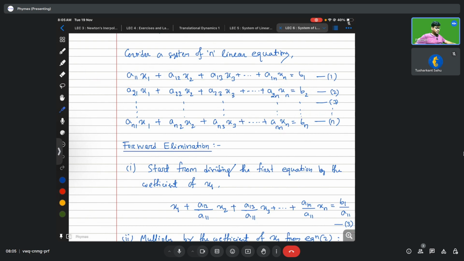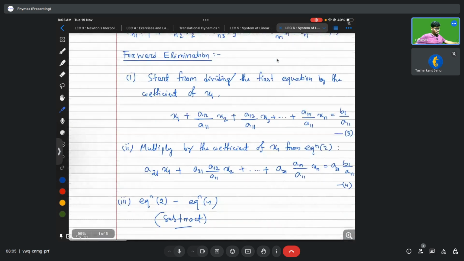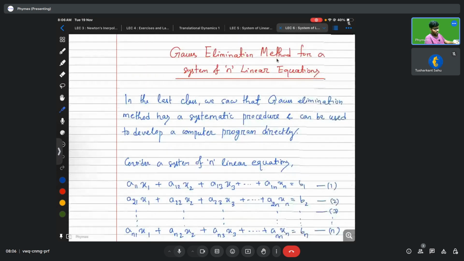And the approach will be the same. There will be two steps. The first step will be forward elimination, and the second step will be back substitution, right? In the forward elimination we will carry out several loops, and in each loop we will eliminate a variable.